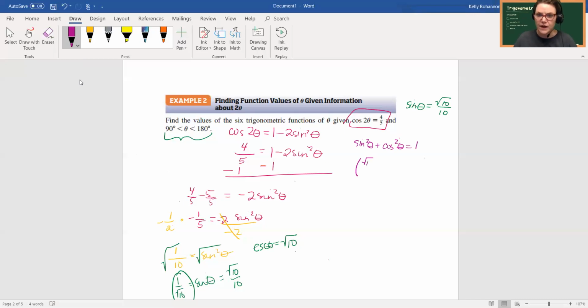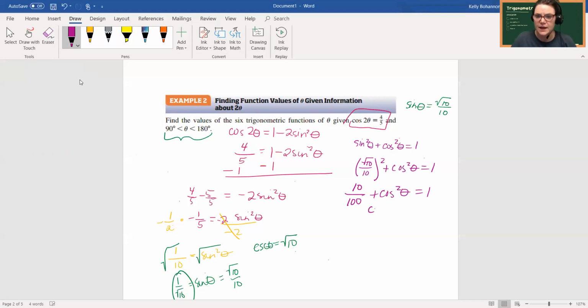So if I do sine squared plus cosine squared equals 1, I get 10 over 100 plus cosine squared theta equals 1, which means I'm going to subtract 10 over 100 from both sides.